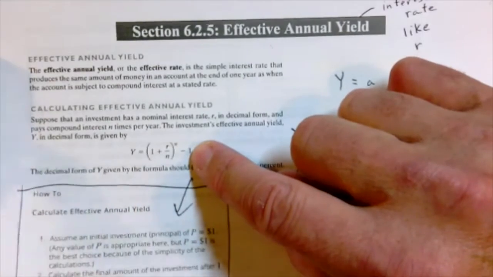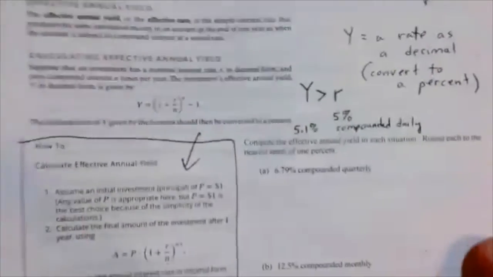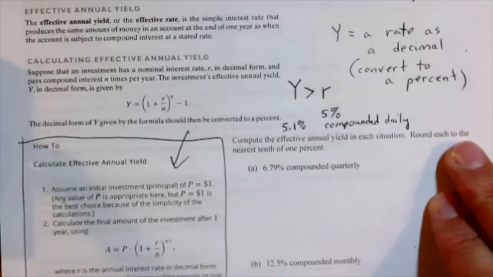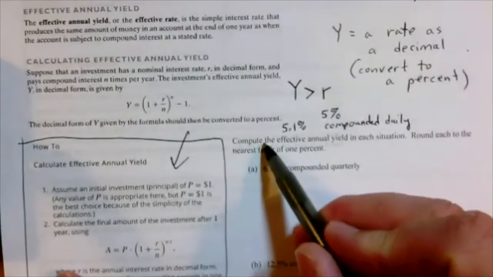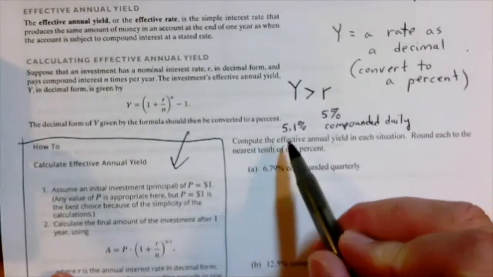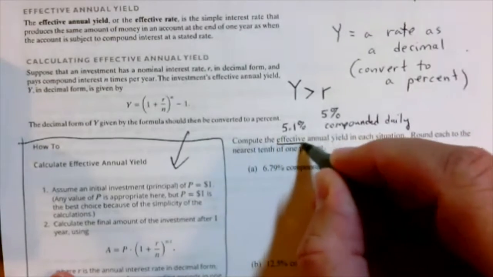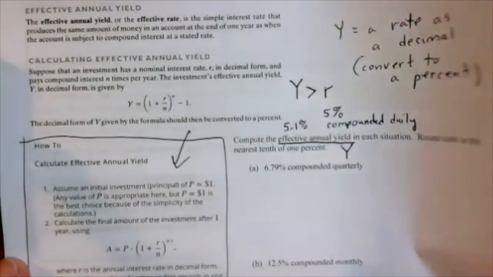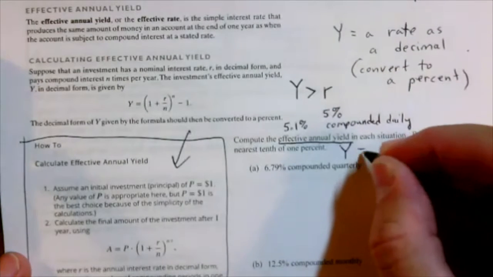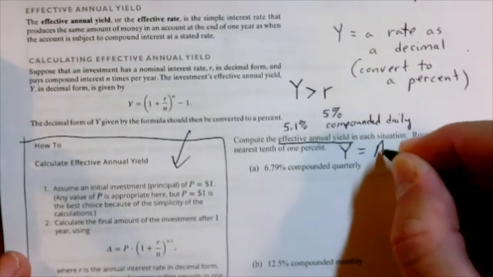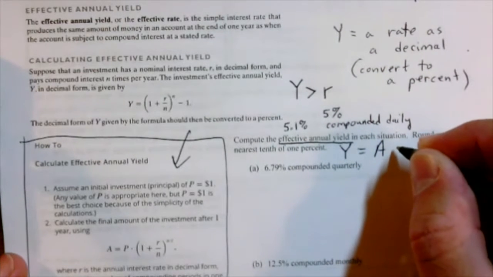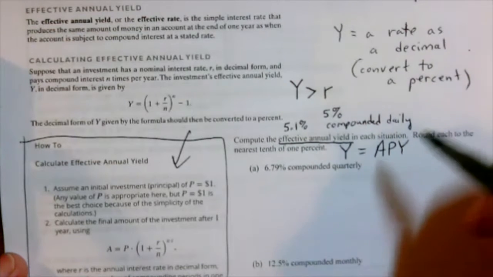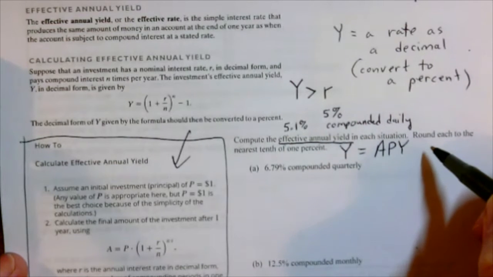But let's take a look at how it would work out in a couple of problems. Most of your problems are going to be like this. It says compute the effective annual yield. We're calling this Y, and I think our author calls it APY, annual percentage yield.